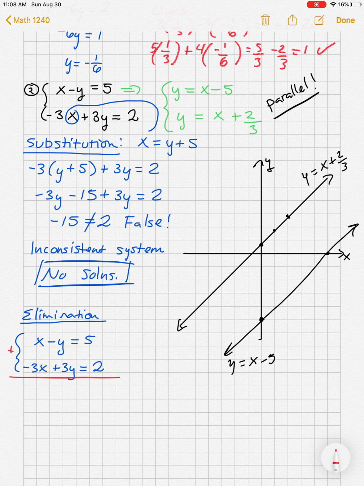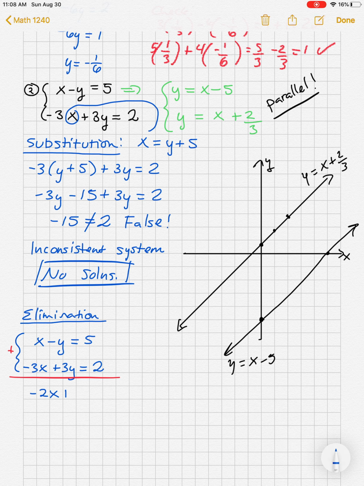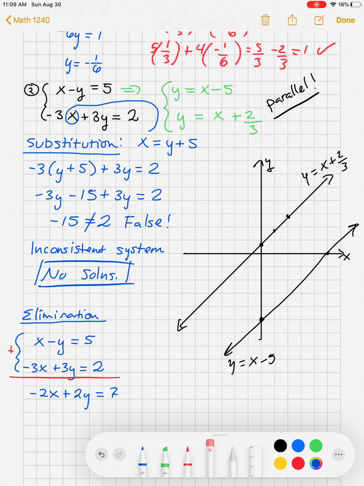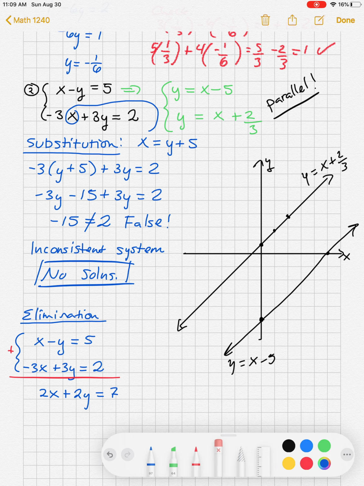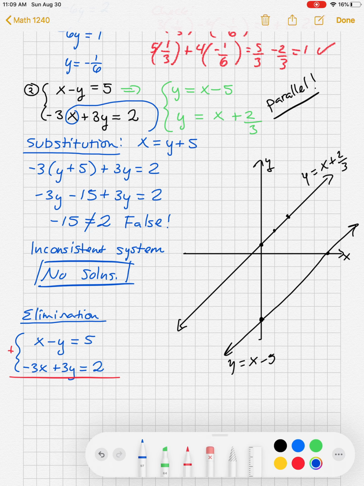If I were to just add the two equations together as they are, it wouldn't work, because here's what I would get. So nothing was eliminated. Most of the time, if I'm going to use the elimination method, I first have to manipulate the system, as in multiply one or both of the equations by something so that I end up getting the same coefficient on a variable but with the opposite sign.